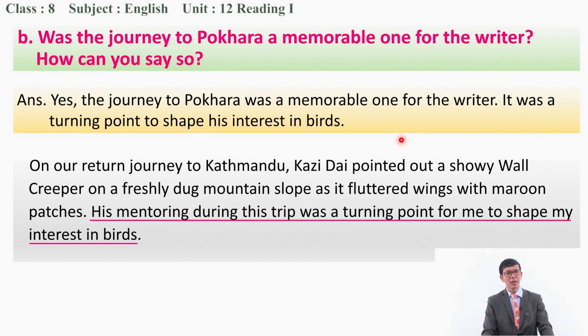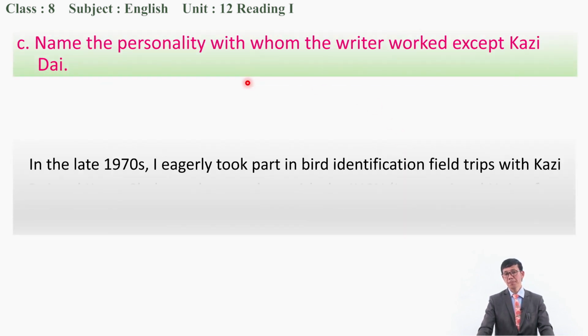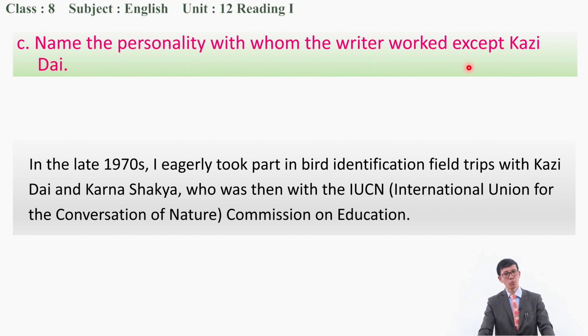And now let's talk about C. Name the personality with whom the writer worked except Kajidai. Okay, except Kajidai, who did the writer work with? Please have a look at this part of your text and tell me. Kajidai and Karnasakya, who was then with IUCN Commission on Education. He also worked with some other personality.